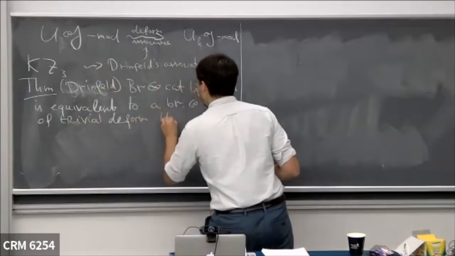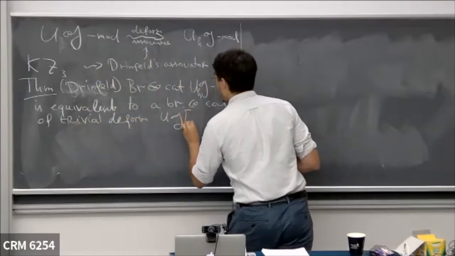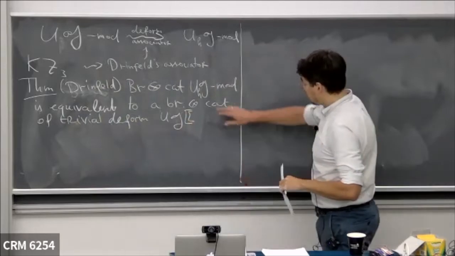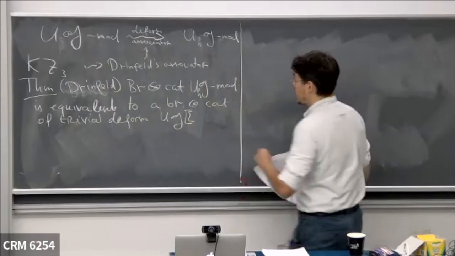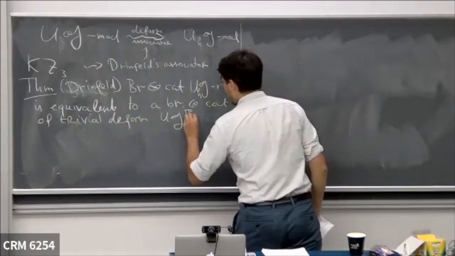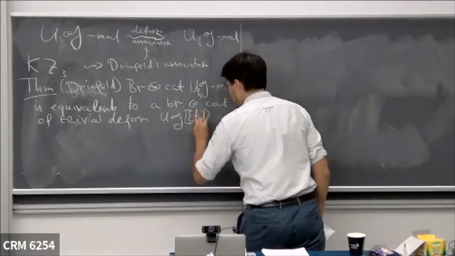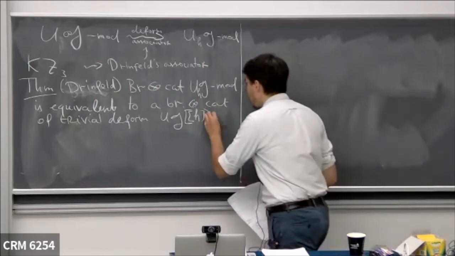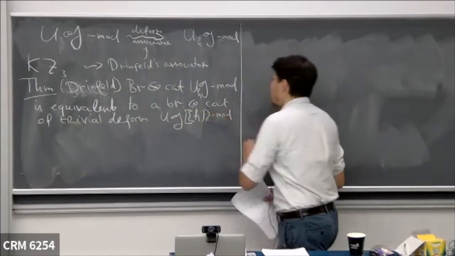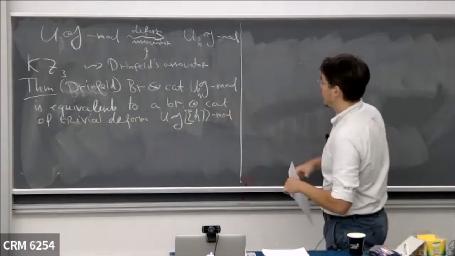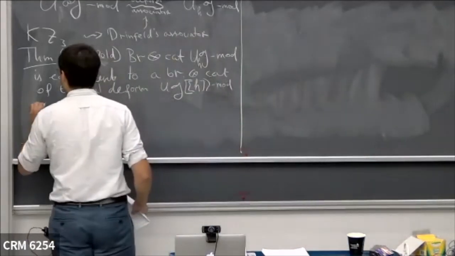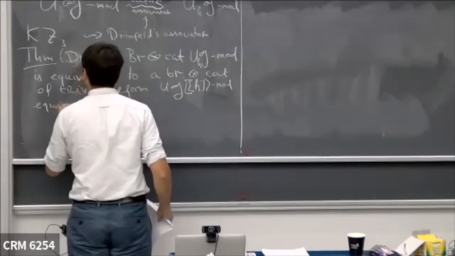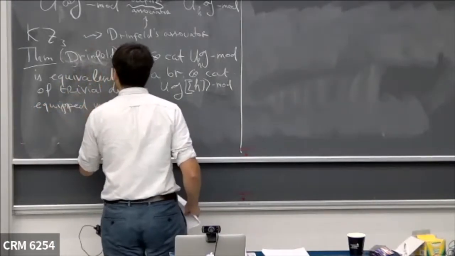So I take Ug and work over this ring, defined over the ring of formal power series in h. So I take the universal enveloping algebra of g and consider formal power series with coefficients in Ug, and look at the category of representations. So from the algebra point of view, it's a trivial deformation, right? However, equipped with a non-trivial associator.